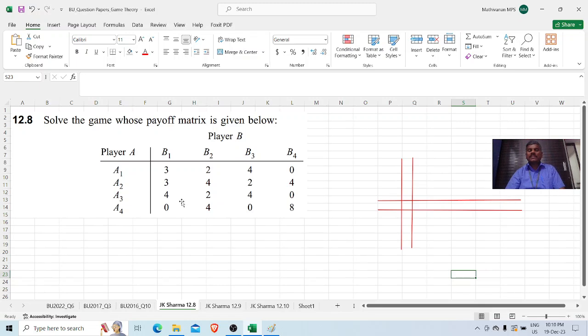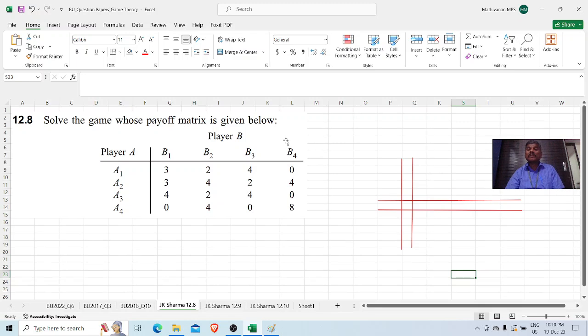So A3 strategy gives a gain of 4 points, which is more than A1, which is only 3 points. A3, when player B uses the second strategy, gives 2 points gain, and A1 is also giving 2 points gain. Both are giving equal gain. Then in the third case also, both strategies A1 and A3 result in a gain of 4 points.